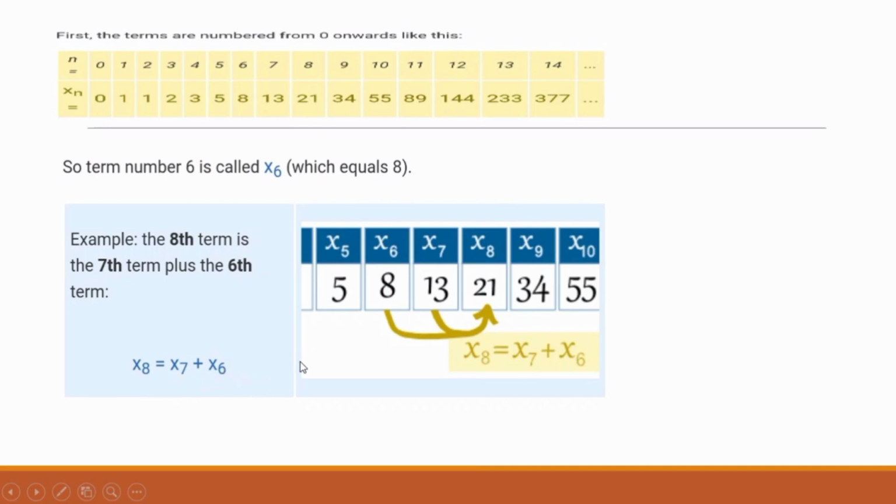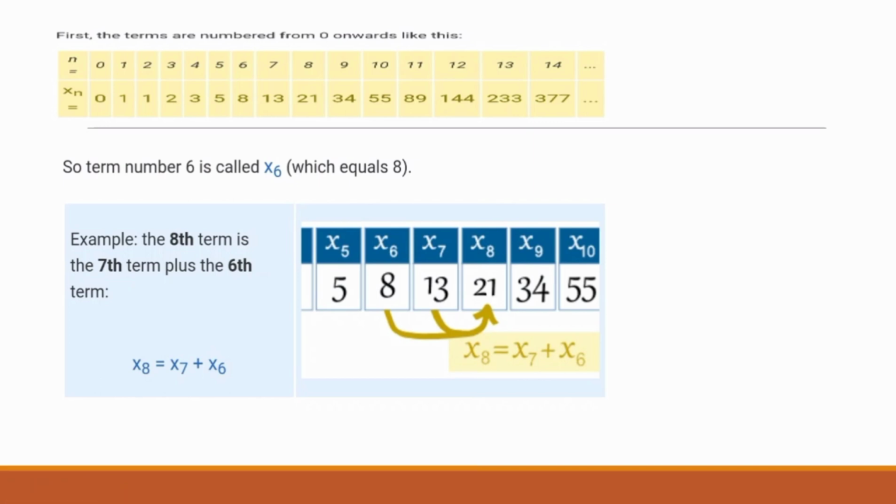So, kung i-add natin yun, di ba ito yung x sub 7 natin? X sub 7 natin is equals to 13 and x sub 6 natin is 8. So, we have the value, yung ika-8th term natin is 21.